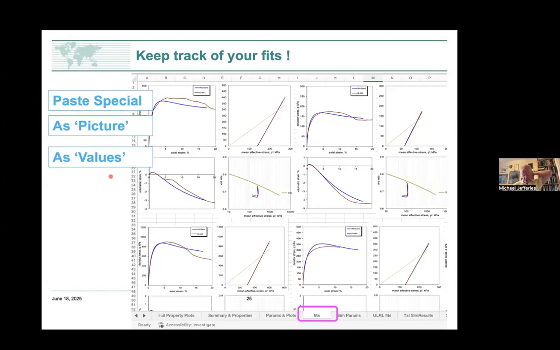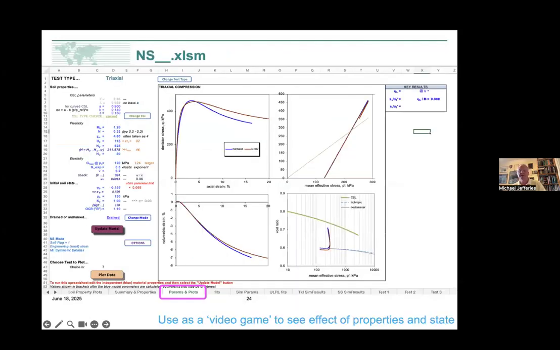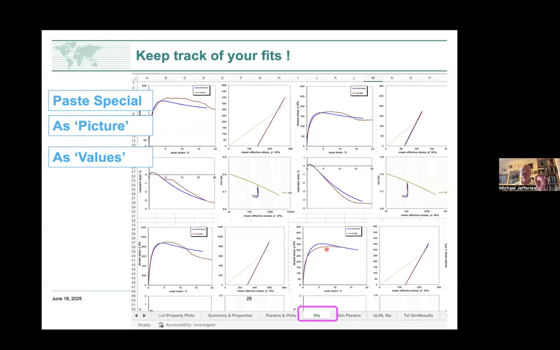And if you're not careful, you will lose track of what you're doing. So the technique I use, I have another worksheet, which I call fits. That's just a blank worksheet. What you do is you go back there. I grab those 4 graphs, take a copy, and then you use paste special, and you have to paste as a picture, because if you just paste it, when you change the properties, this graph will change.